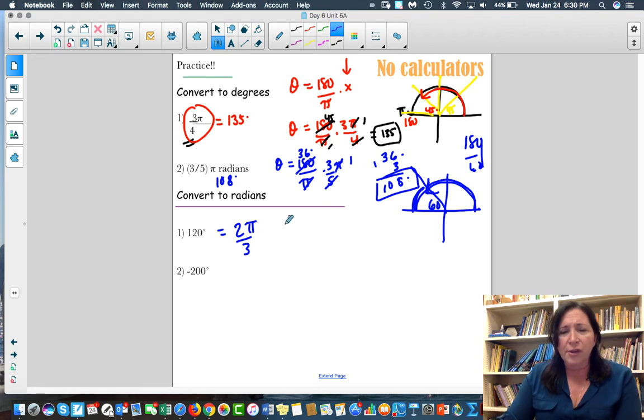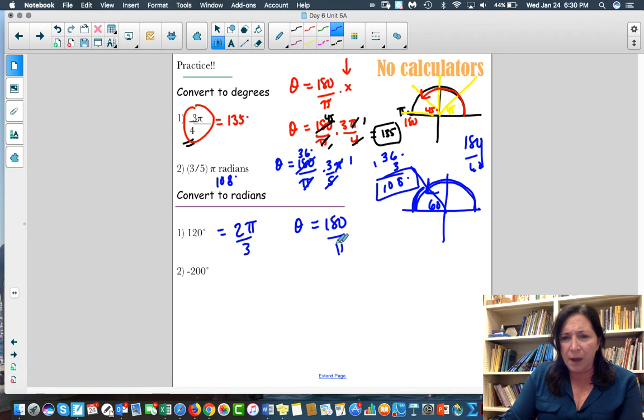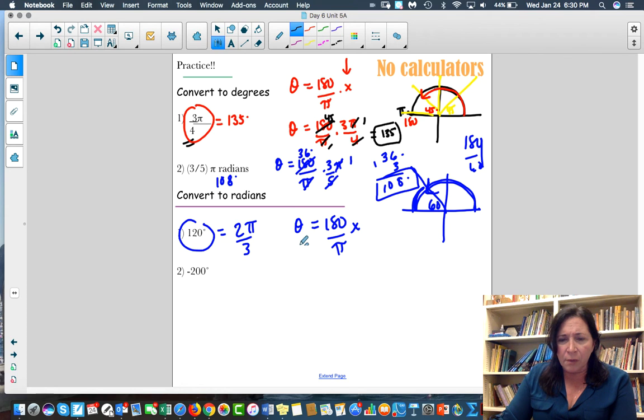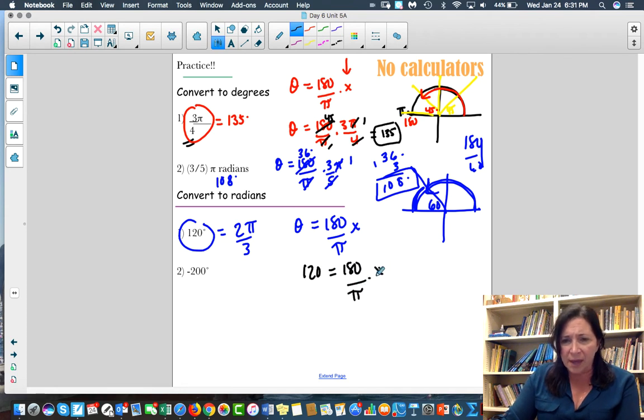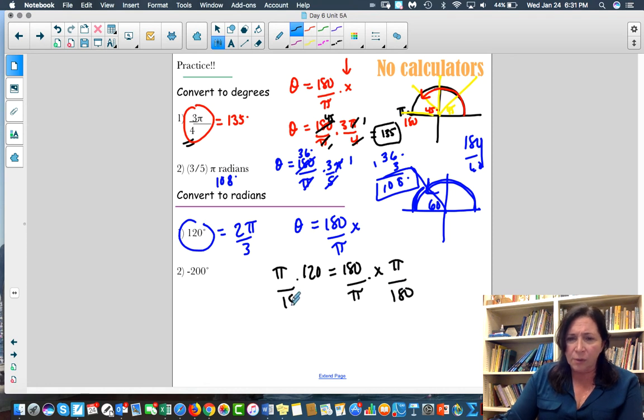Now, using the formula, you're going to go theta equals 180 over pi times x. This is going to go in my degree slot. So that means theta, which is 120 degrees, equals 180 over pi times x. Flip it around, you have pi over 180 times pi over 180.